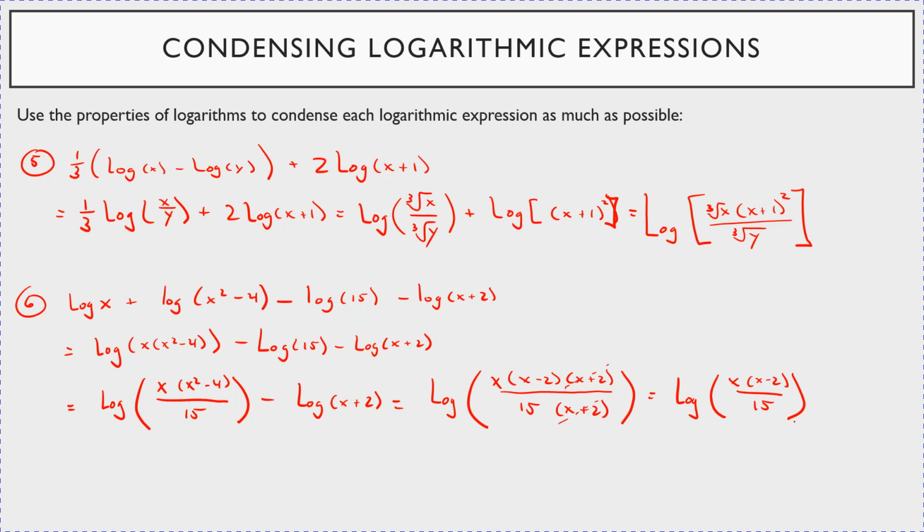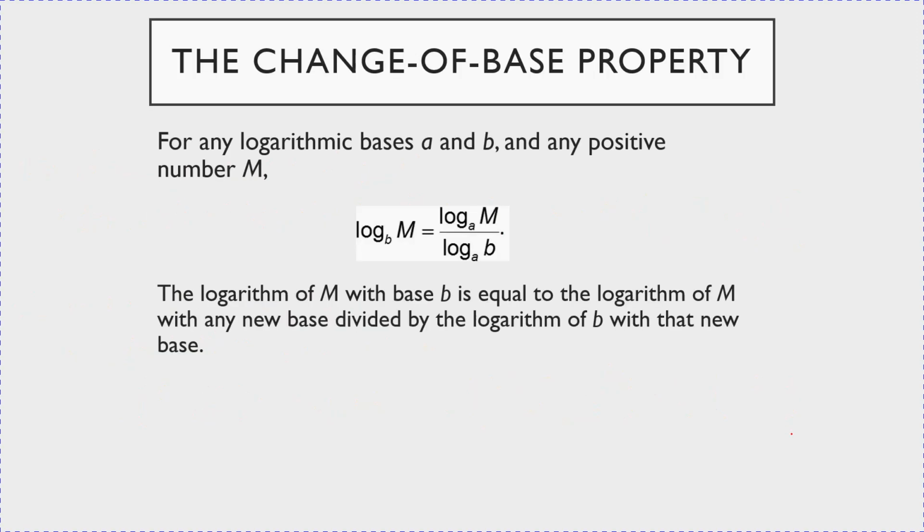All right. Last thing I want to talk about, now that we have some idea of expanding and condensing logs. Let's talk about change of base. This is going to help us evaluate logs. For any logarithmic bases a and b, and any positive number m, we have the following.